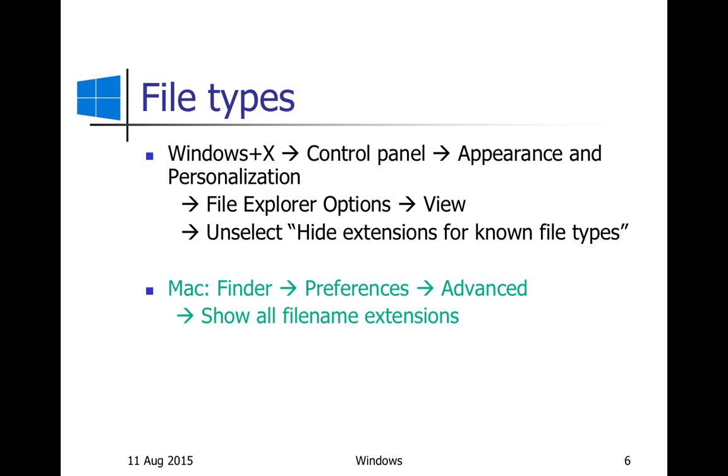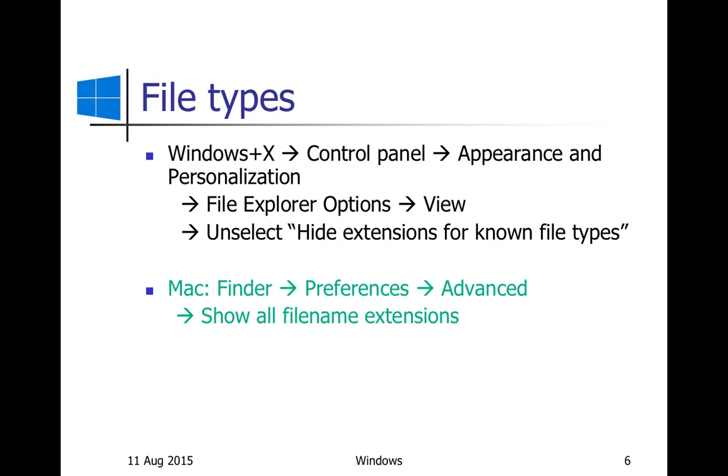Okay, file types. We will now talk briefly about file types. Windows, and other operating systems which didn't do this but were forced to do it, identify file types through the extensions.